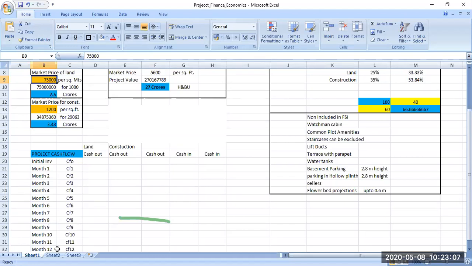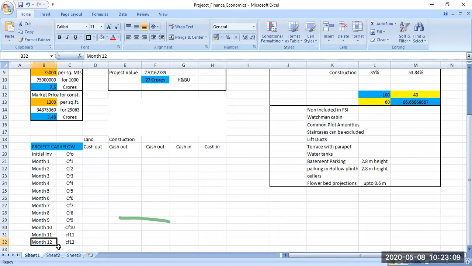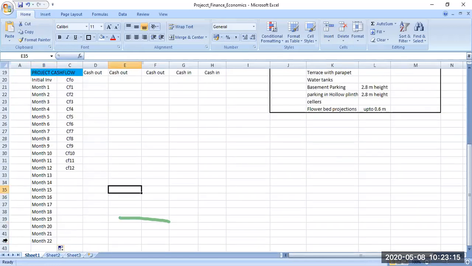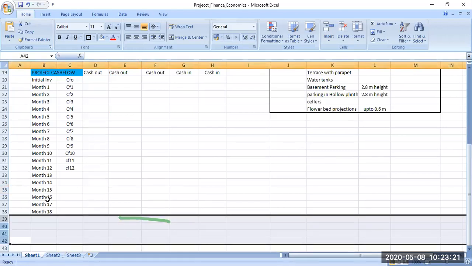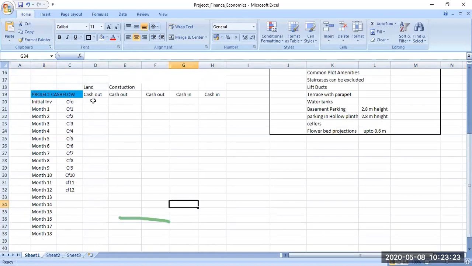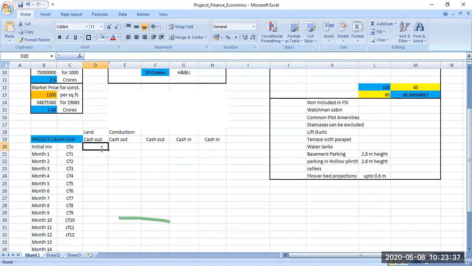If I were to increase it, let's say to 18 months, that is 1.5 years. Why have I added 6 cash flows here? Because here I'm just paying for land. From this 7.5 crore, let's say I paid 2 crores, and then I did a title check, so I didn't pay for the first one.